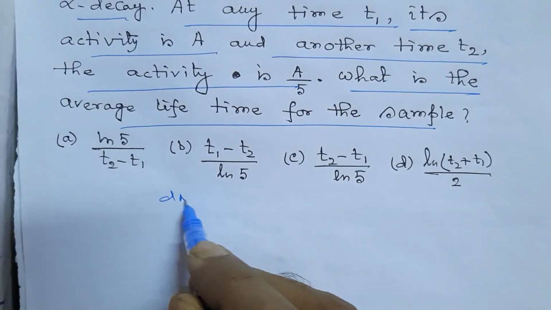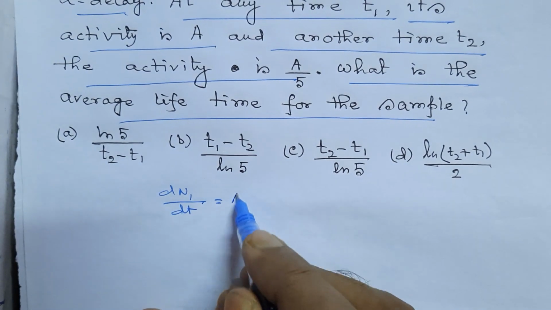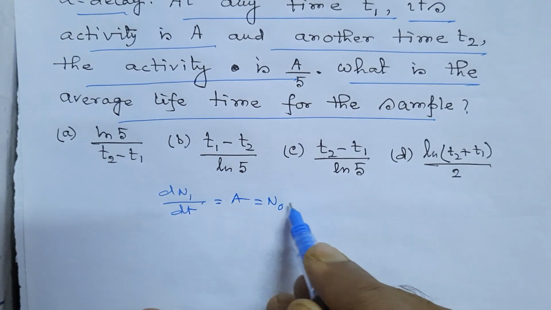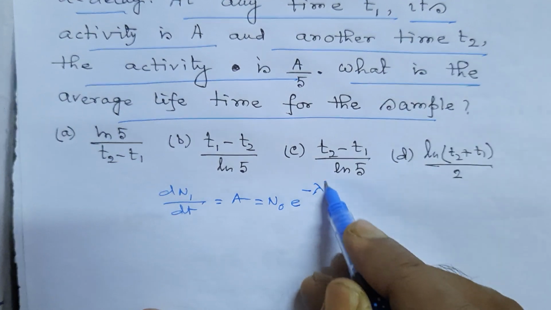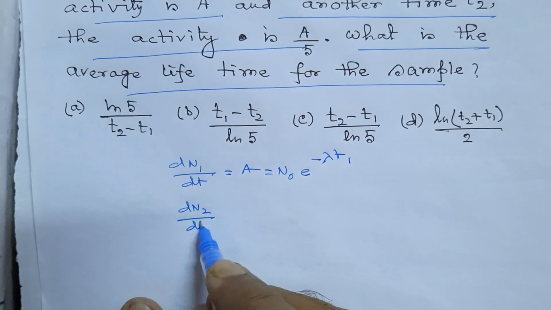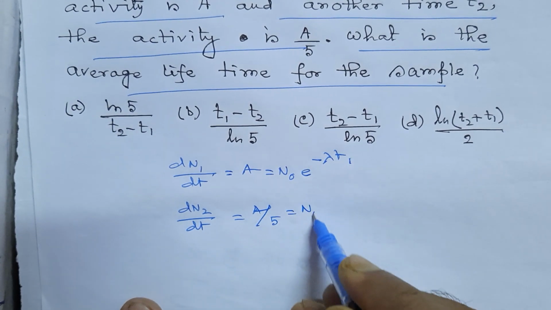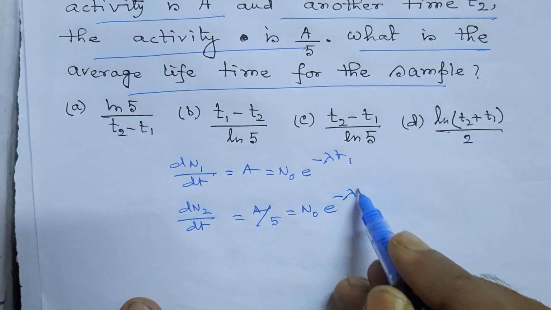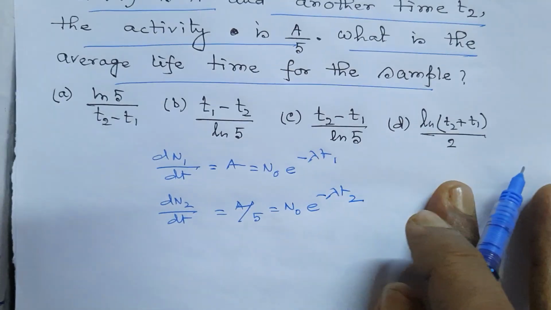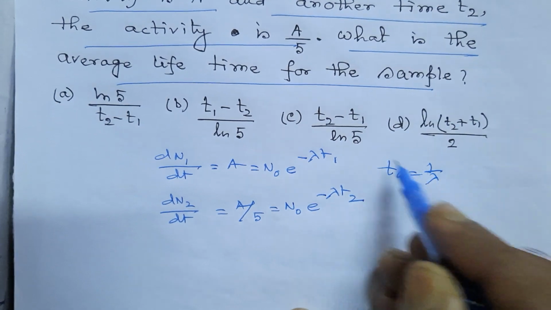We know that activity dN1 by dt equals A equals N0 e to the power minus lambda T1. For the second case, dN2 by dt equals A by 5 equals N0 e to the power minus lambda T2. And the average life TA equals 1 by lambda.